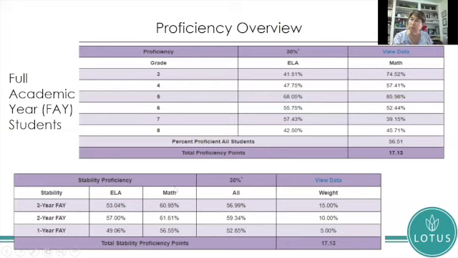So I can look at this from a leadership perspective, whether I'm a school leader, teacher leader, or an administrator. In a perfect world, what we want to see is the students who have been with us the longest actually demonstrate the most proficiency. Unfortunately, that is not always the case.